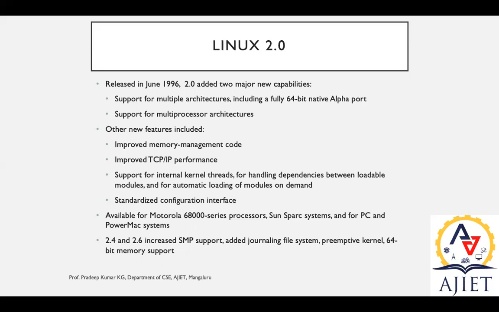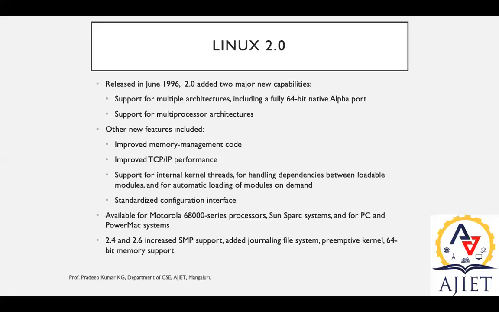They added an automatic loading mechanism and a standardized configuration interface for all. At that time, Motorola also came up with new machines, and Sun SPARC systems and Power Mac machines were available, which could cope with Linux 2.0.